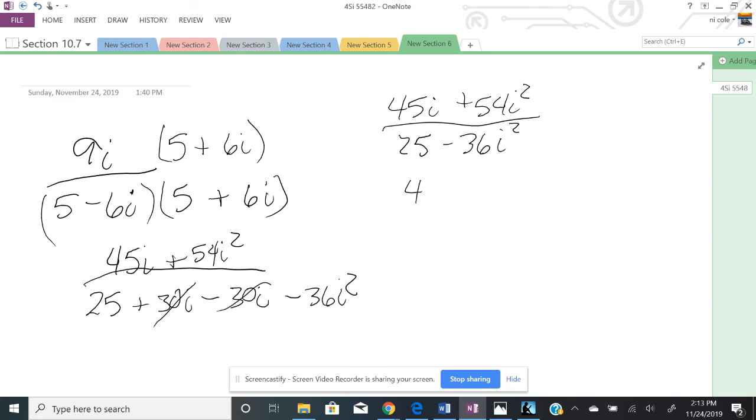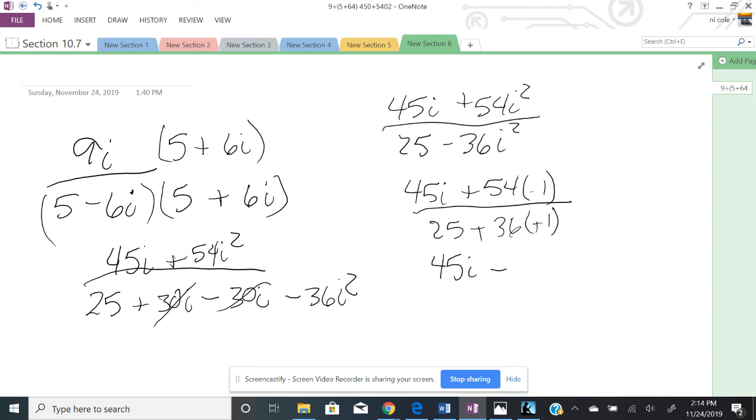So now I'm going to have 45i plus 54 times -1 over 25 minus 36 times -1. And that becomes a plus and a plus. So therefore, I have 45i minus 54 over 25 plus 36, which gives me 61.